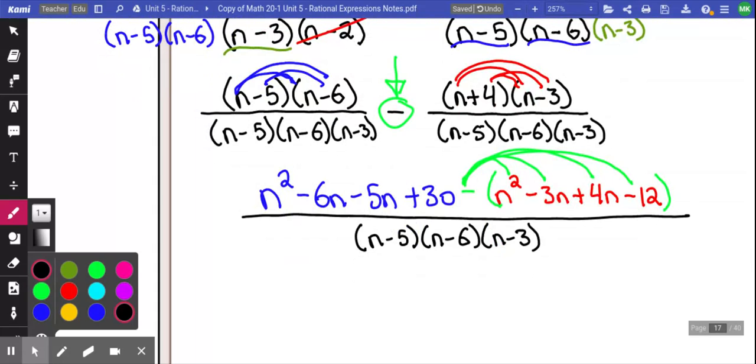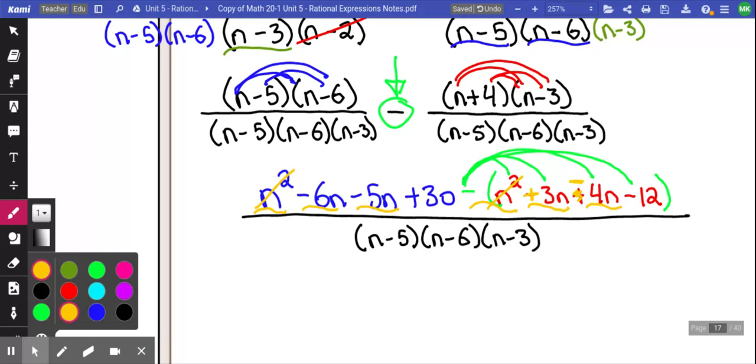Now that I've multiplied my tops all nicely, I can add and subtract like terms. The n squares now cancel out, right? N squared minus n squared, because the symbol changes now. All my n's, I have negative 6n minus 5n plus 3n minus 4n.